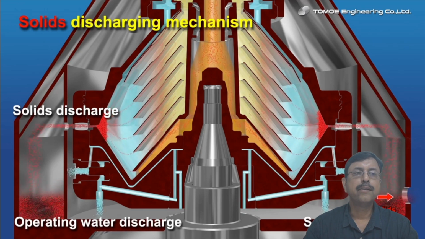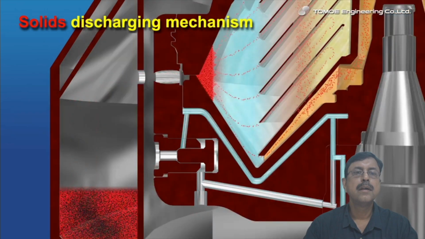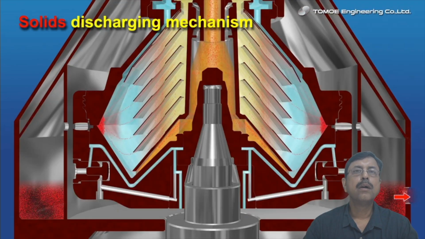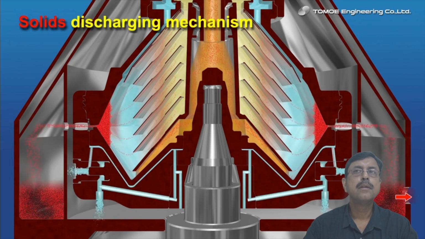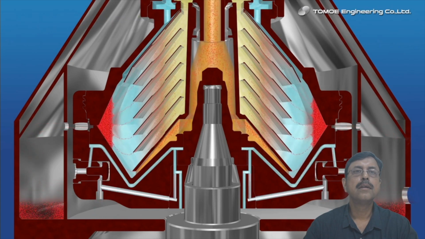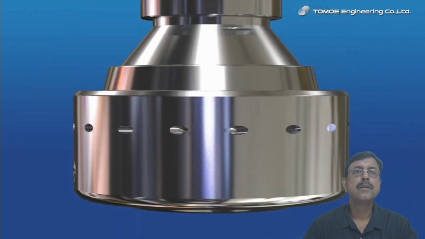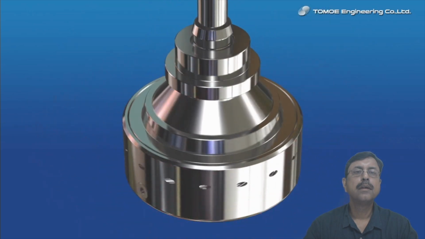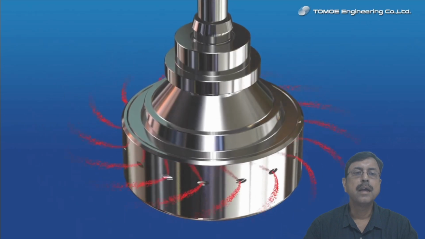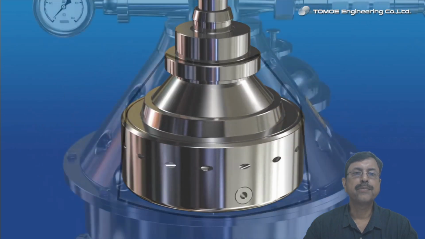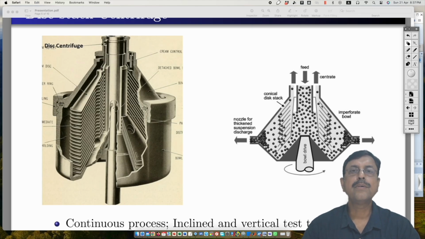These are the solid discharge mechanism. And this is how the solid escapes from the system. So this is how the disk stack type centrifuge operates.